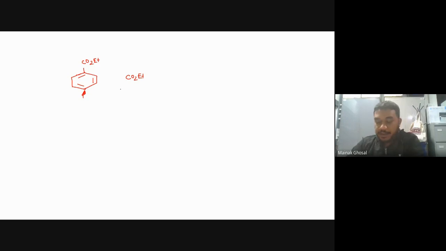I am writing them one by one. This is one structure, that it is para. So it could be meta.